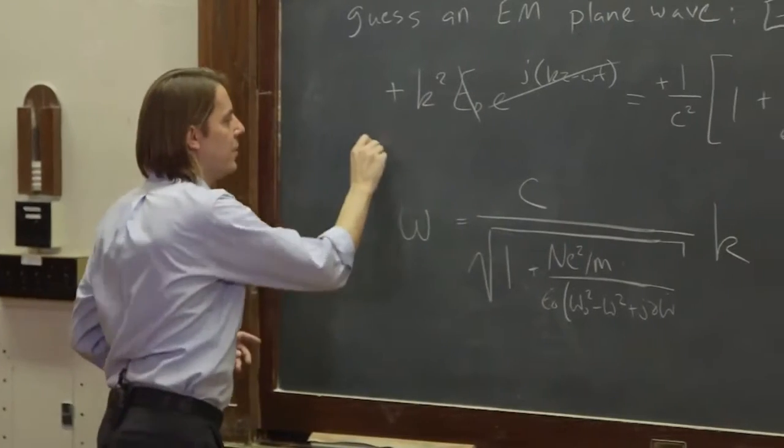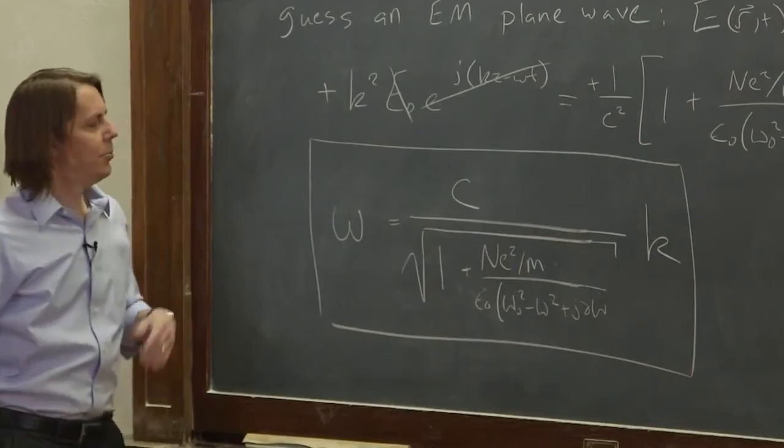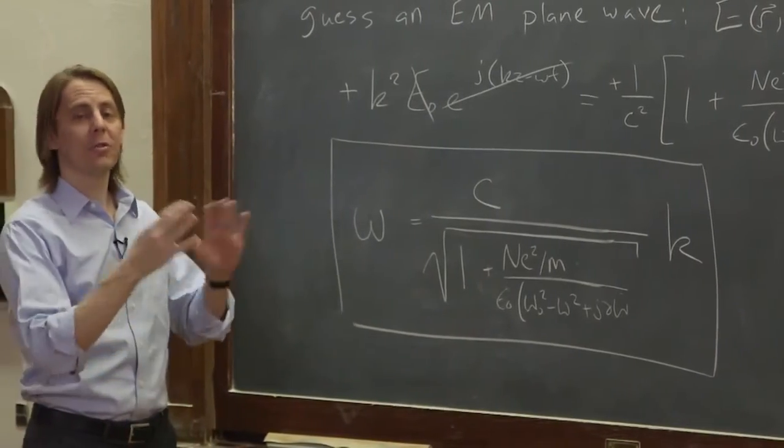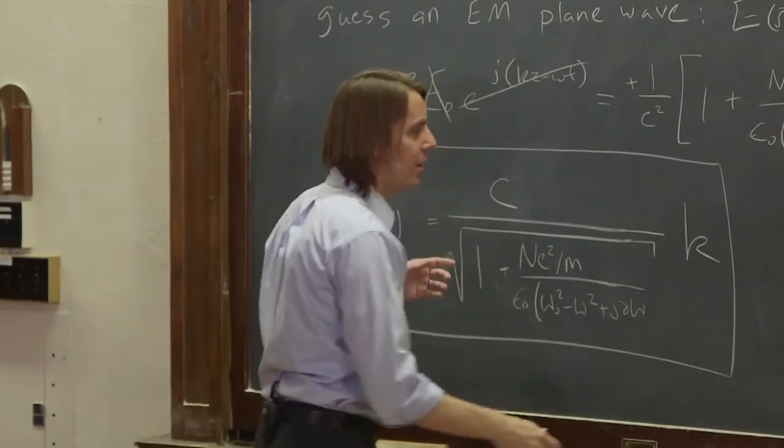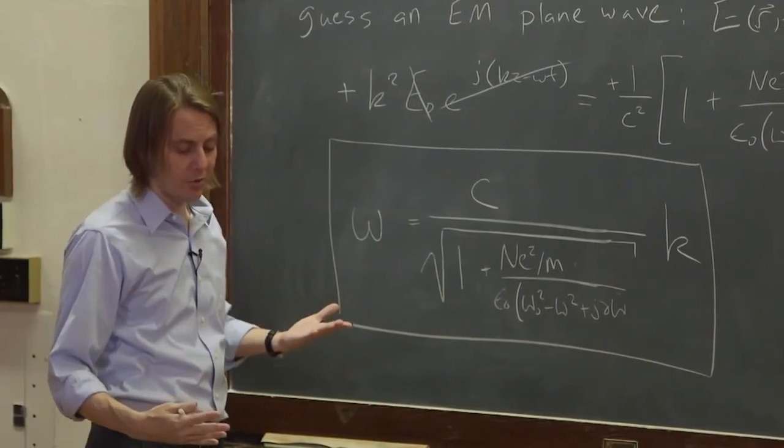So this is our dispersion relation. For plane waves in empty space, no dielectrics or anything, it was just ω equals ck. All waves go at the speed c. All light waves go at the speed of light.